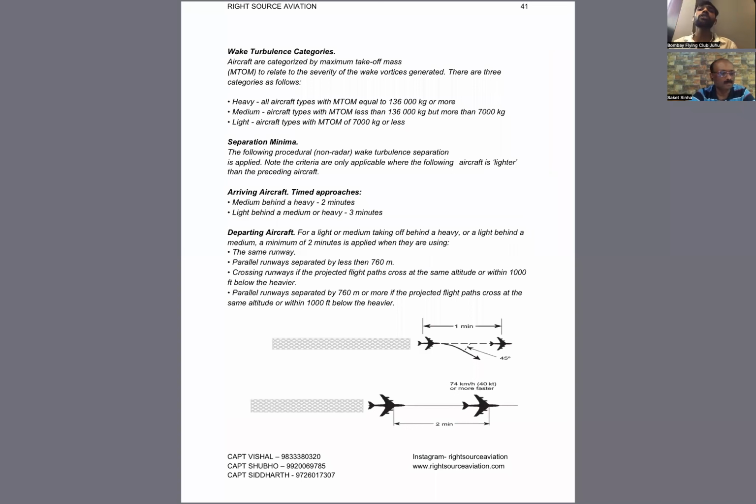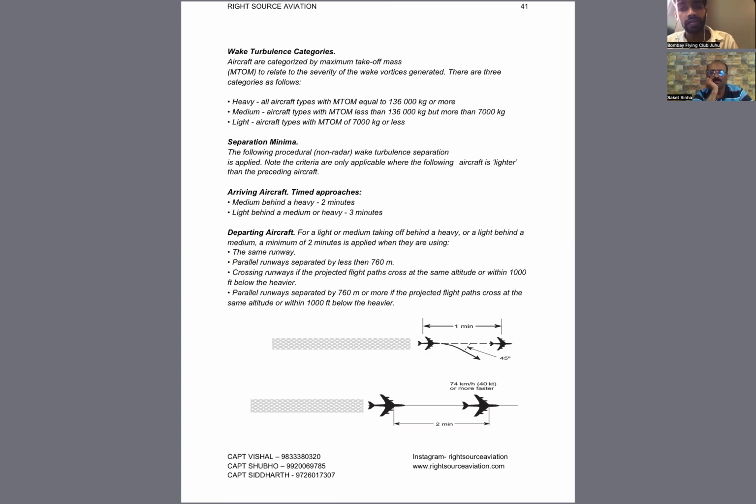Now, there is another type of traffic separation that can also be provided, known as wake turbulence traffic separation. The wake turbulence traffic separation is provided when aircraft are departing and arriving at an airport, for landing and taking off. So the traffic separation we have just studied was for in-flight.